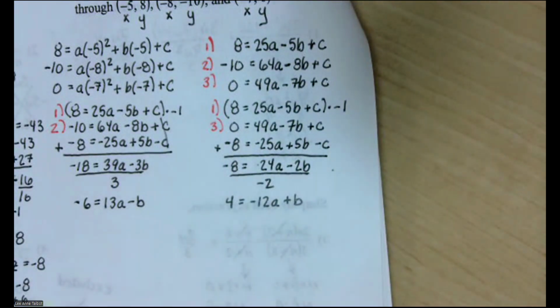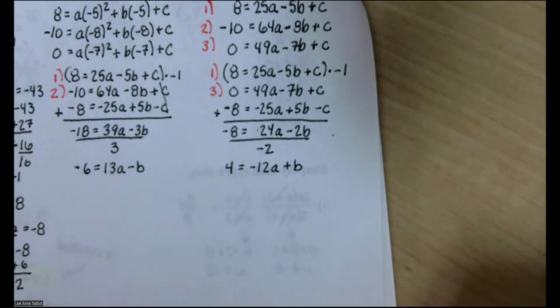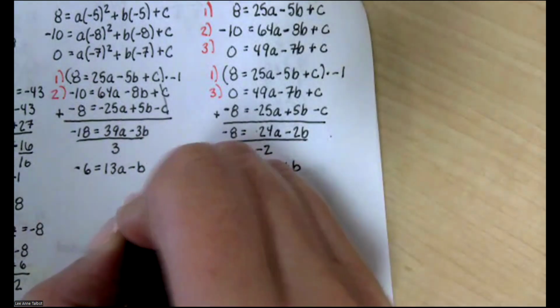Do you see what I tried to do there? I tried to make the negative b and the positive b, and you might not have done that in one step on your own, but that's okay.